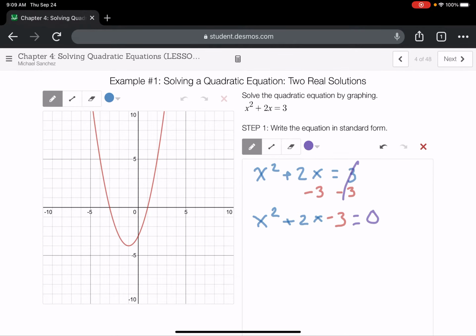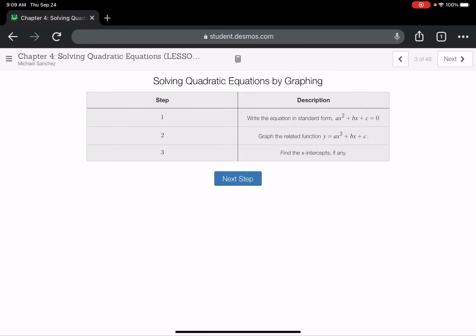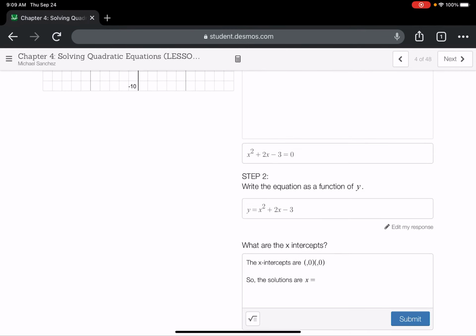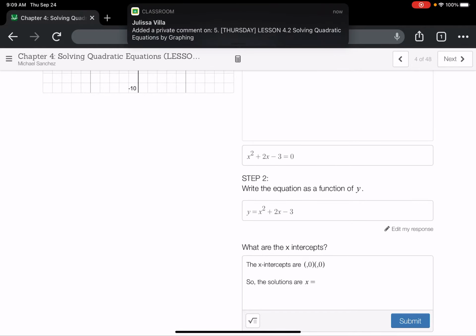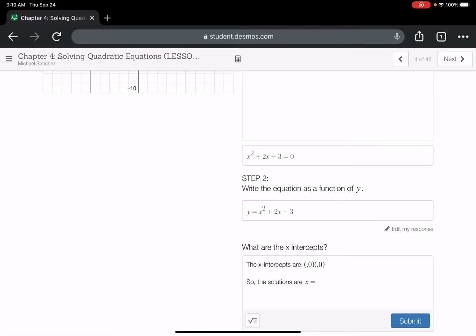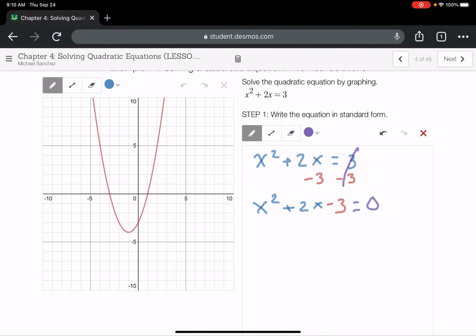Our step 3 is to identify the x-intercepts, if we have any. That's actually what the last piece of the question is asking us here, that x is equal to the x-intercept. So we need the x-intercept. We're going to look at our graph here.